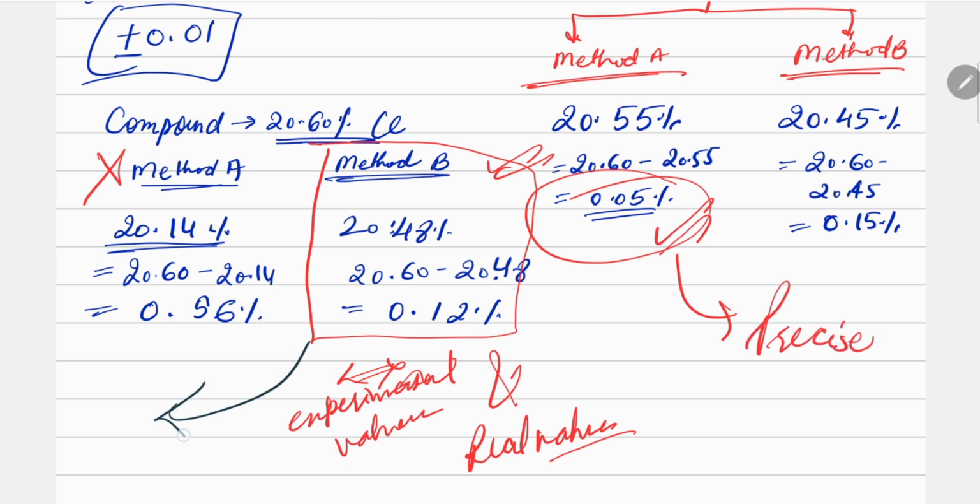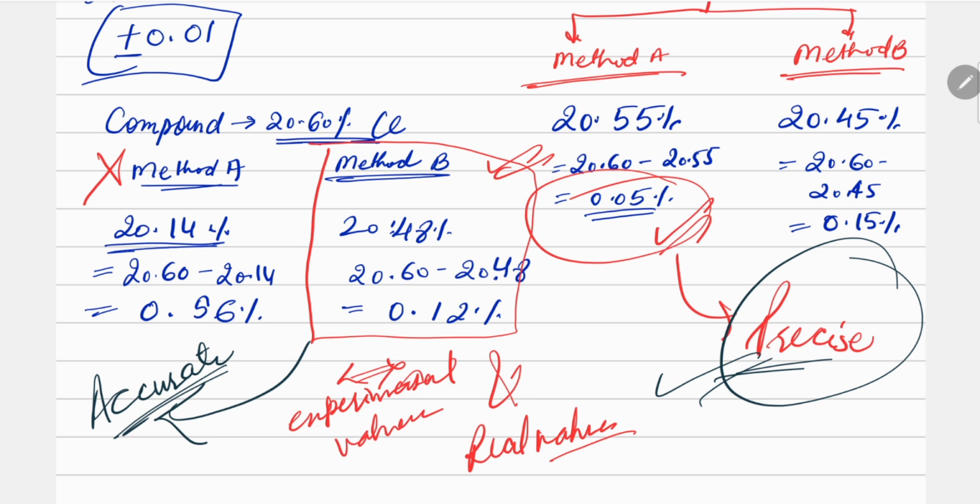And obviously in accuracy the closest is the accurate value, but if we compare accurate and precise values, it is not going to be as close as it is in the precise value. So not all the time are precise values accurate, but most of the time accurate values can be precise. So that is called precision and accuracy.